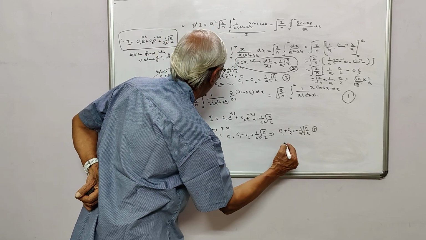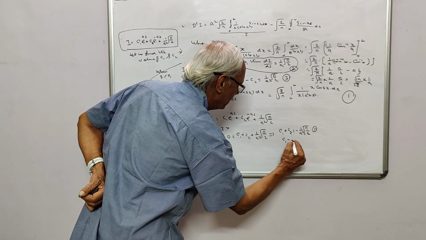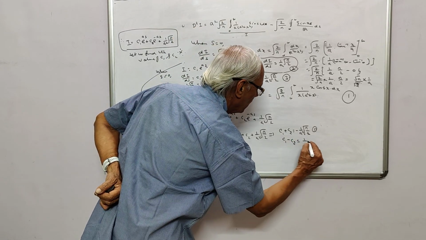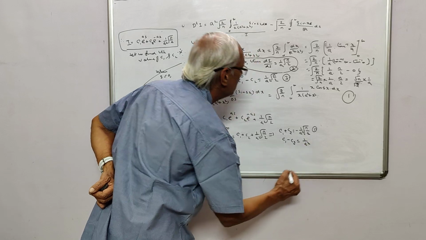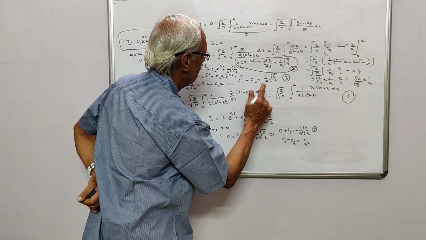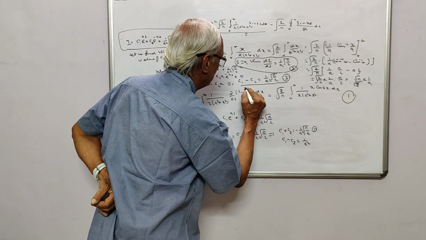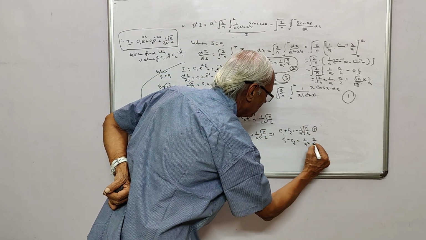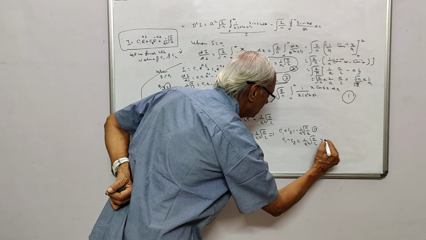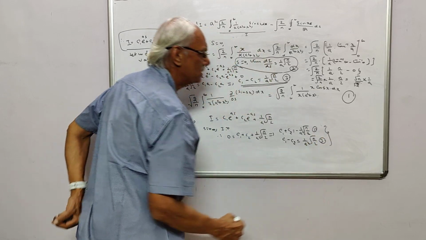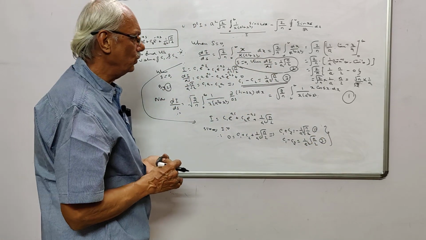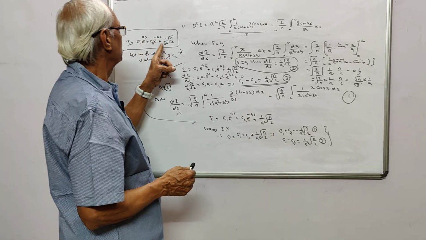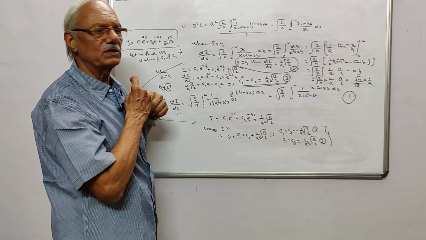And what do you get here? c1 minus c2 is equal to 1 by a squared into pi by 2. This is your 3. Now you see that I am able to get two equations involving c1 and c2. I can solve this, substitute here, and your problem is over.